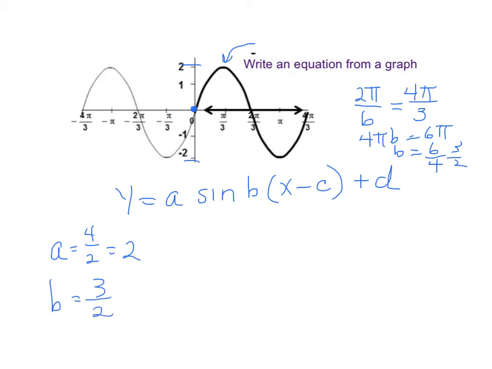Then for sine, I look at C and I see, no, it's not moved. It's still the complete period. So C is going to be 0. And it's not moved up or down, so D is going to be 0. So if I go ahead and write my equation, I would have y equals 2 sine 3 halves x. And that's the equation.